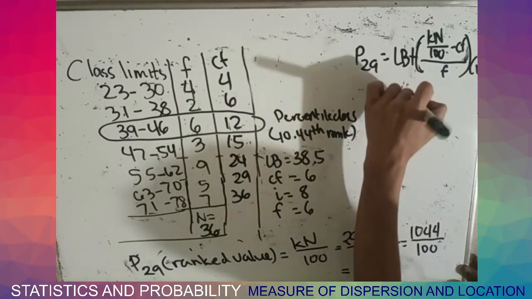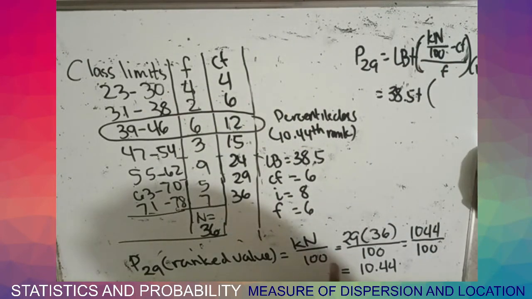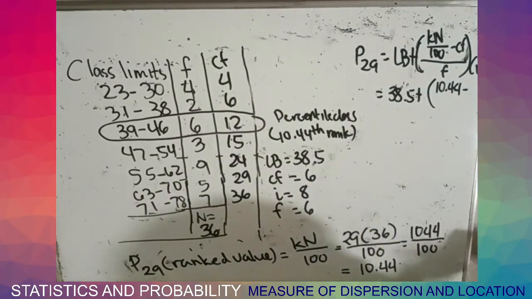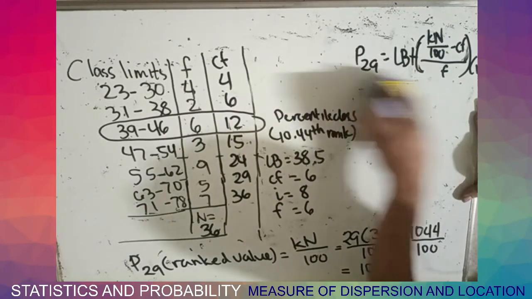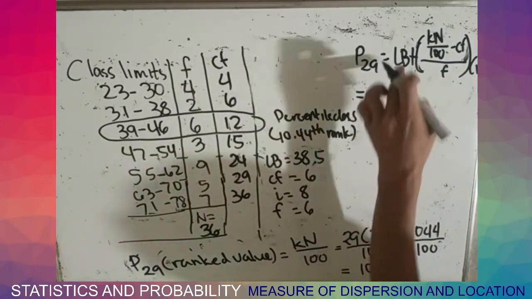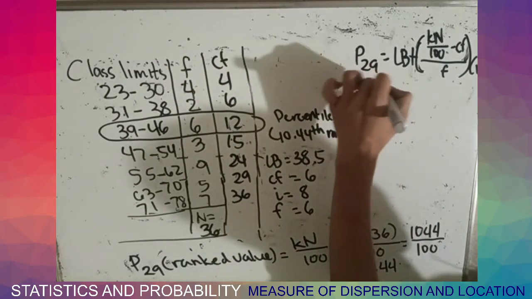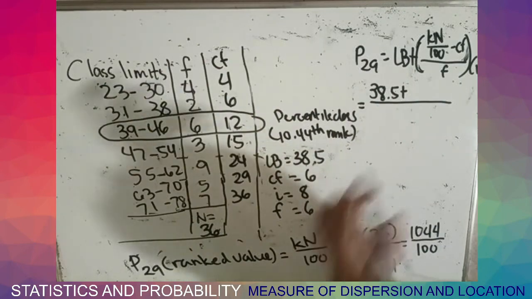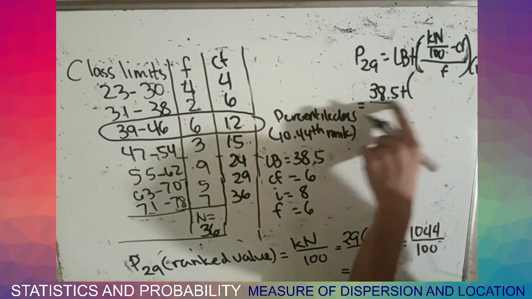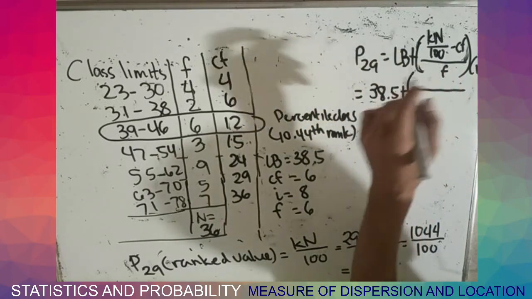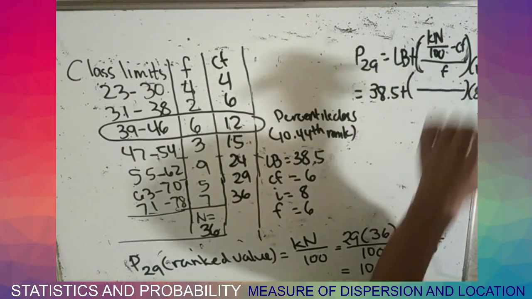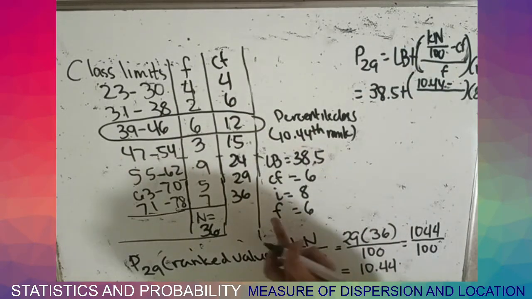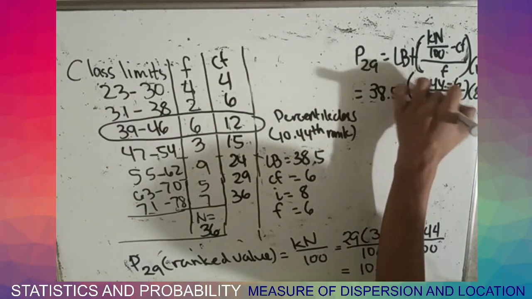So LB natin 38.5 plus the quantity of Kn over 100 natin is 10.44 minus CF natin, which is 6, divided by 6, times, ang interval natin ay 8.